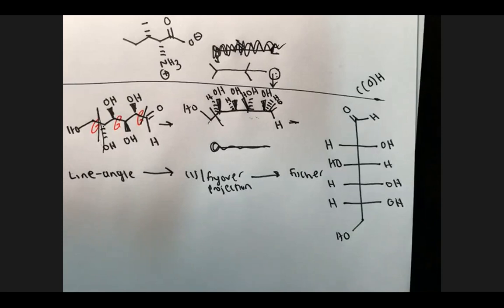Kelsey says, can you explain how you know what perspective to look at again? It's based on what you did for assigning priority for the chiral centers. It's just looking at the atoms that are attached.